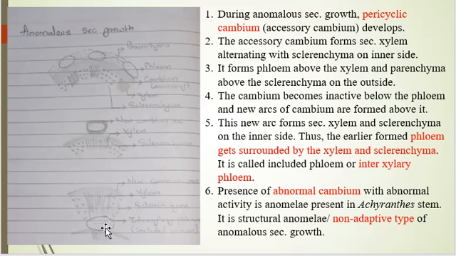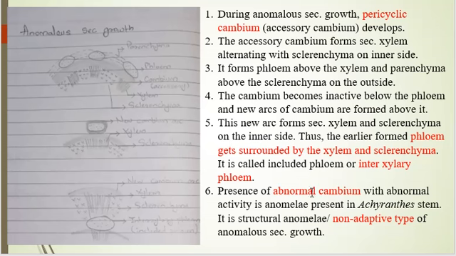This is the abnormal phenomenon in the Achyranthes. So these types of abnormalities are observed in the Achyranthes stem.